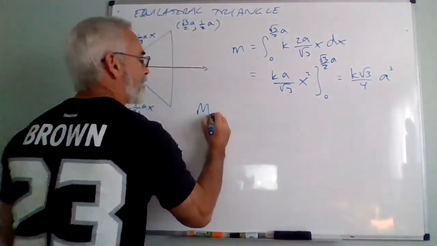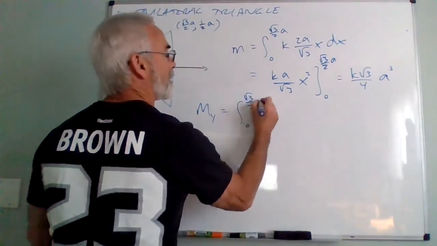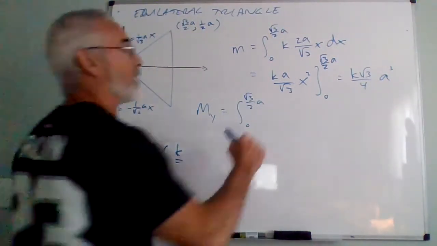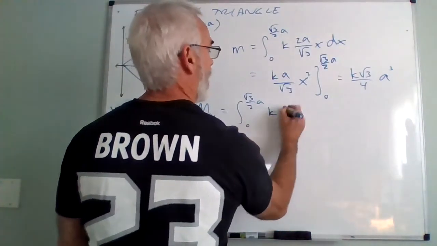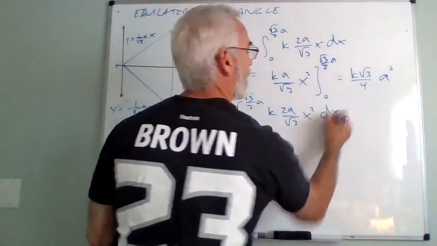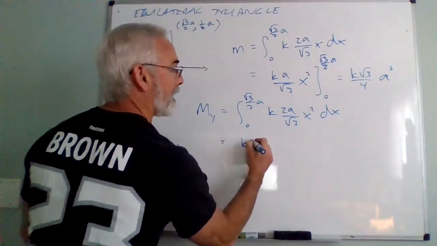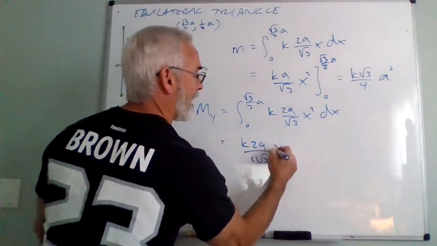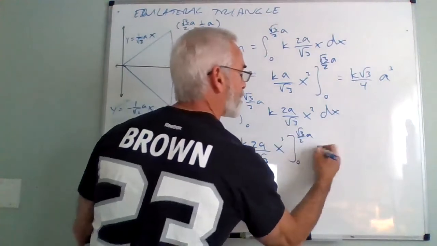Now our moment to the y-axis looks just like this integral, except now I'll also have an additional x, if you remember, because it's x times this. So that would be the integral of k 2a over root 3x squared dx. And that will be k times 2a over 3 root 3 x cubed from 0 to root 3 over 2a.